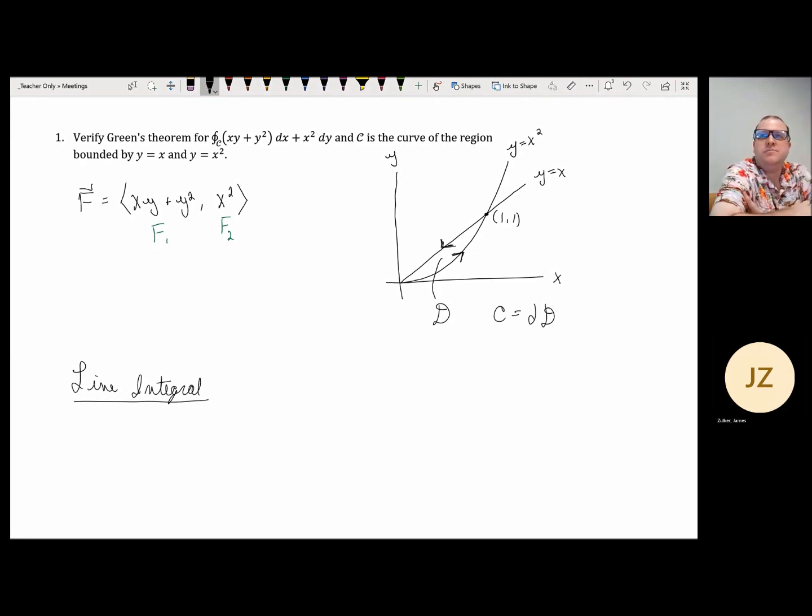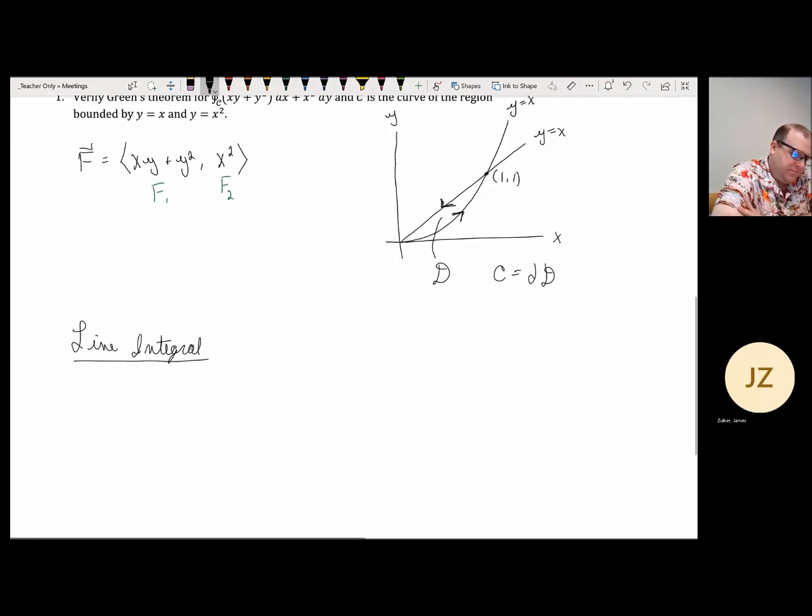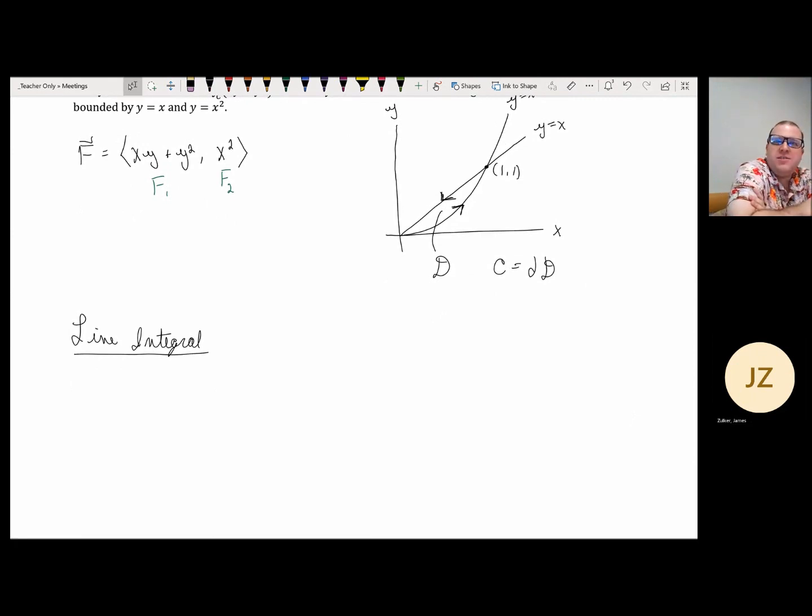Let's start with the line integral. We need to parameterize this.